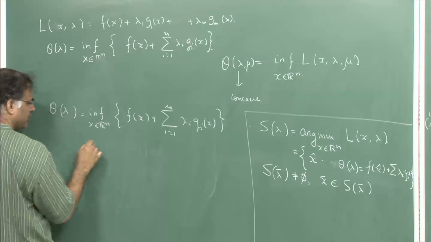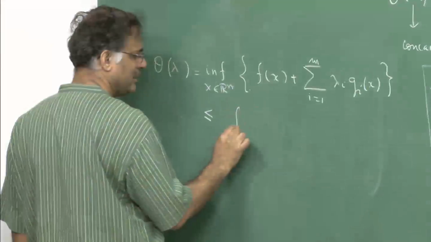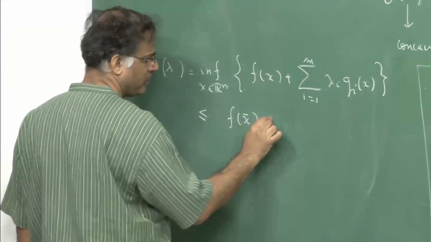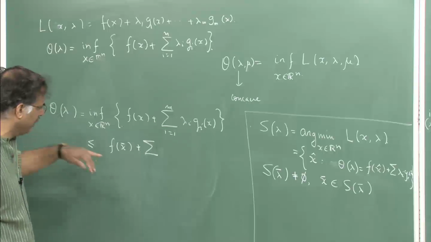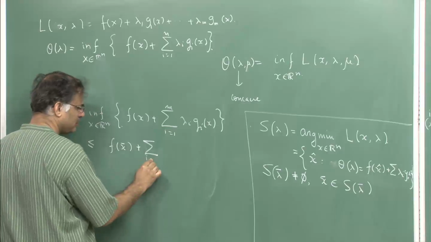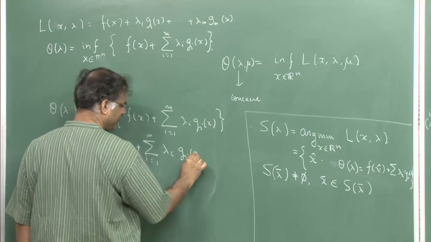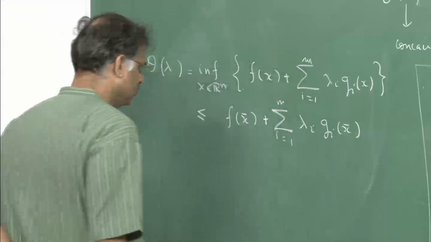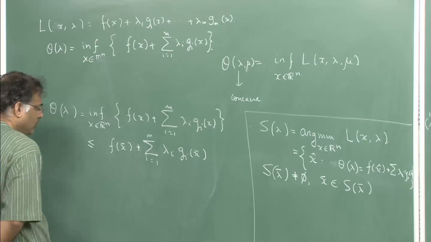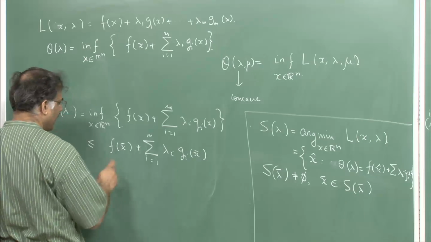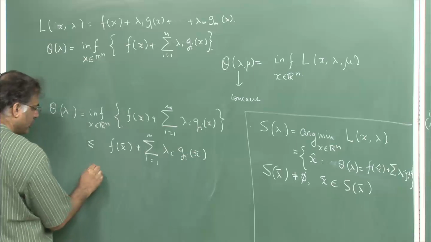Now, this one is less than or equal to this, because for a particular choice x bar the infimum is less than or equal to it. So, what I now do is I add and subtract from each of these lambda i bar g i of x bar.